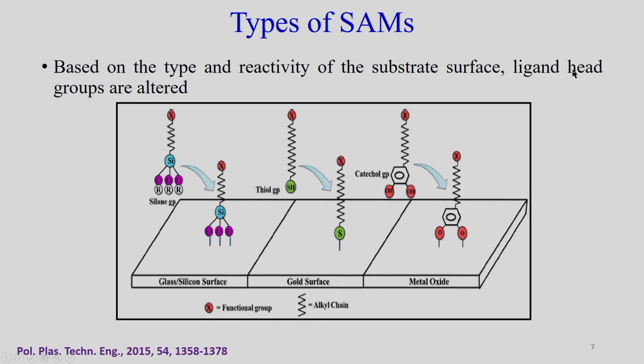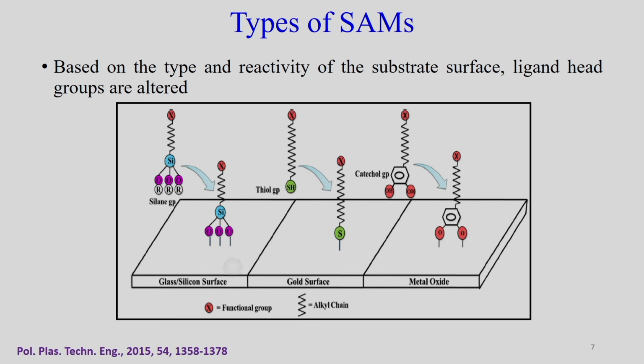If you change the head group, it means you can apply it for different surfaces, like for the silica surface you are going to have the silane head group, for the gold surface you are going to have the thiol head group, and for the metal oxide you can also have the catechol head groups.